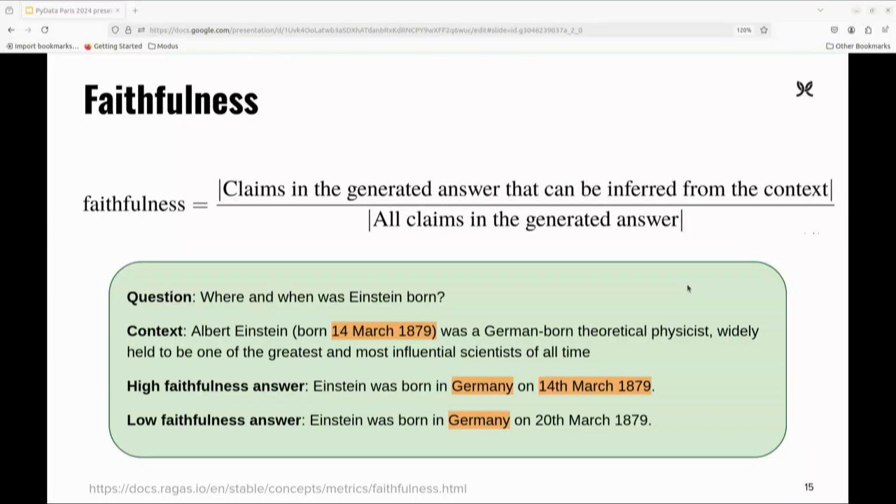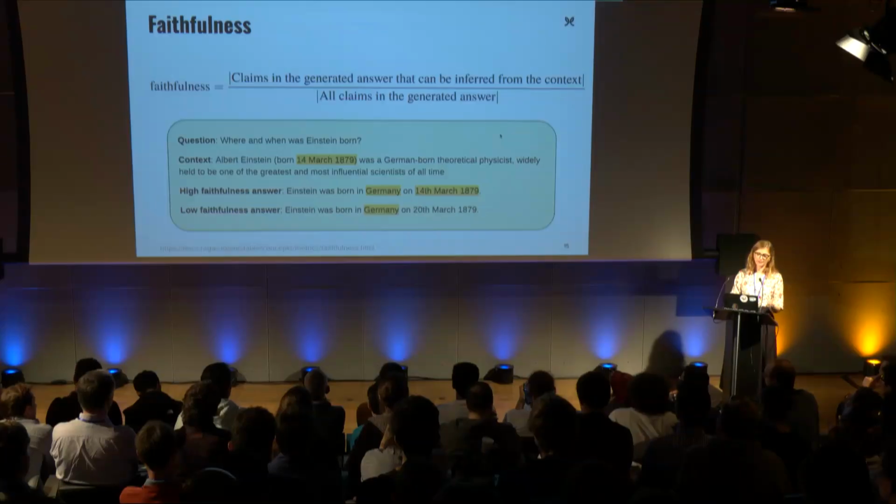I wanted to go through faithfulness for a bit, because it will be interesting in the later part of the presentation. Faithfulness measures the factual consistency of the generated answer against the given context. There is some similarity with context recall, but the main difference is that in faithfulness, the claims are generated from answers and not from the ground truth. So we have context, and from this context we generate answers.